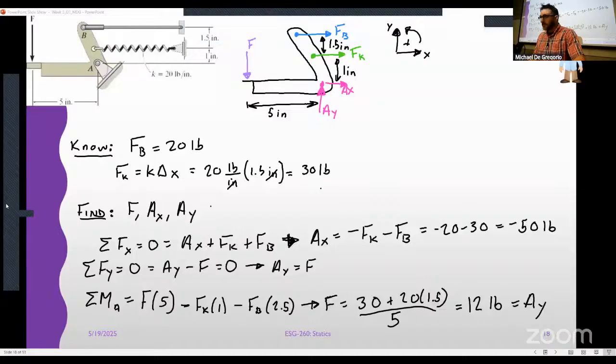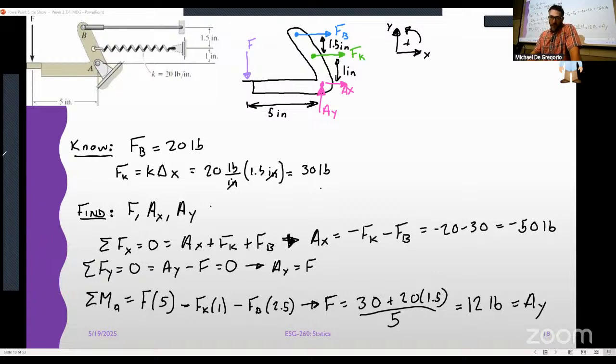Use sum of forces or sum of moments. You can actually do this by summing the moment 3 times if you want to. I don't think that's a great idea. It's overly complex for what you need to do. But there are some situations that we'll talk about when we get to trusses where that might make sense, where we can eliminate a lot of things and it allows us to solve for things directly.